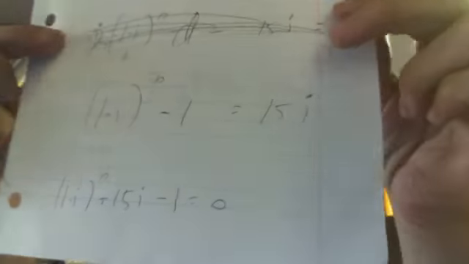So you can write it again: (1 plus I)^10 minus 15I minus 1 is equal to 0. Take a look at the two lines in the bottom: (1 plus I)^10 minus 1 is equal to 15I. That's just by multiplying by I both sides.